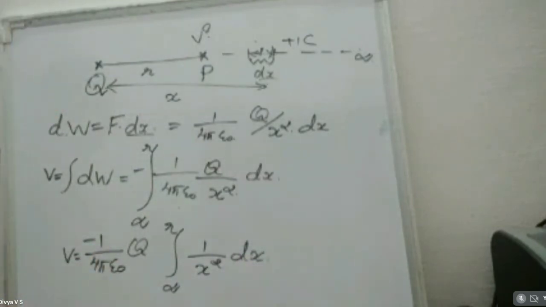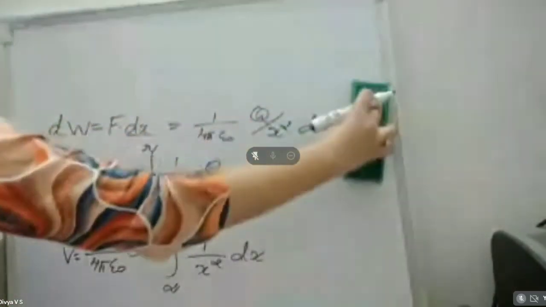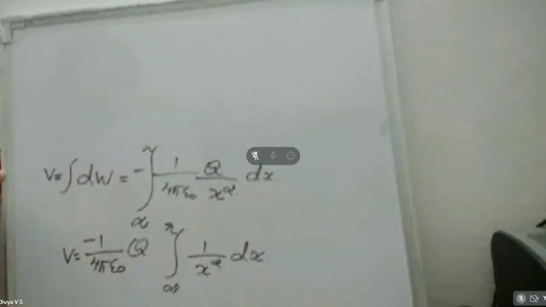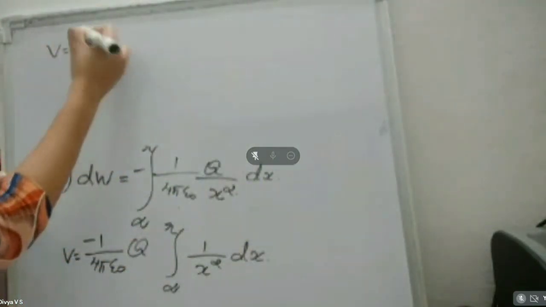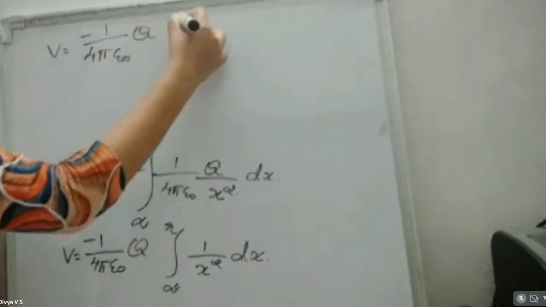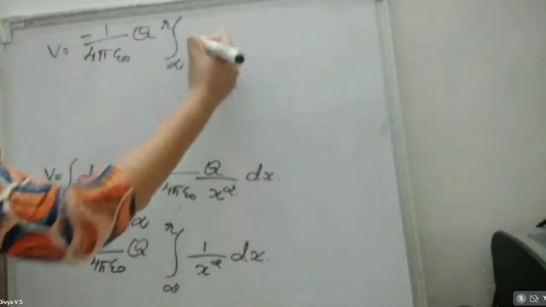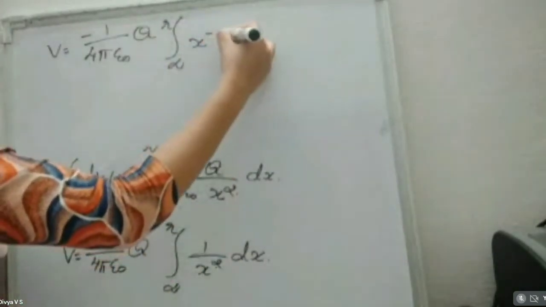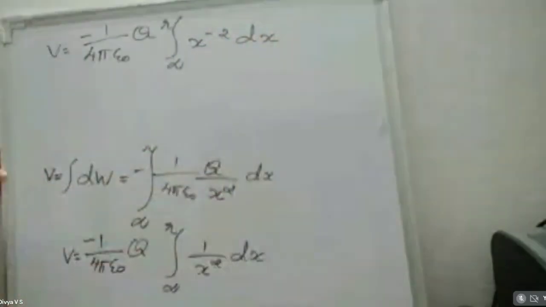Now only this integration. V equal to minus 1 by 4 pi epsilon 0 q, integral infinity to r, 1 by x square. We can write x raised to minus 2 dx, isn't it?